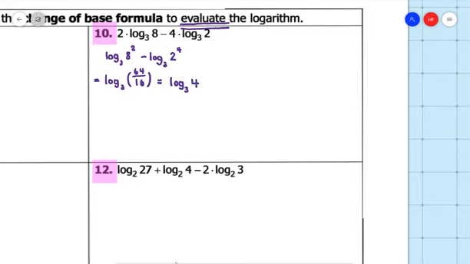So we're going to use the change of base formula to evaluate that logarithm. So we're going to use log of base 10. So log of 4 over log of 3. And then put that in your calculator.